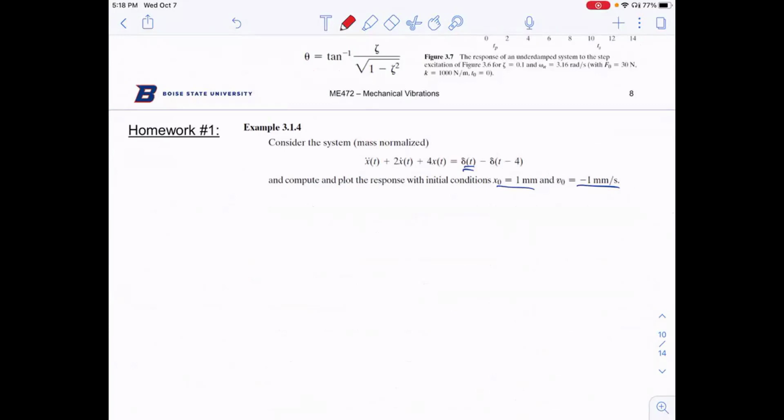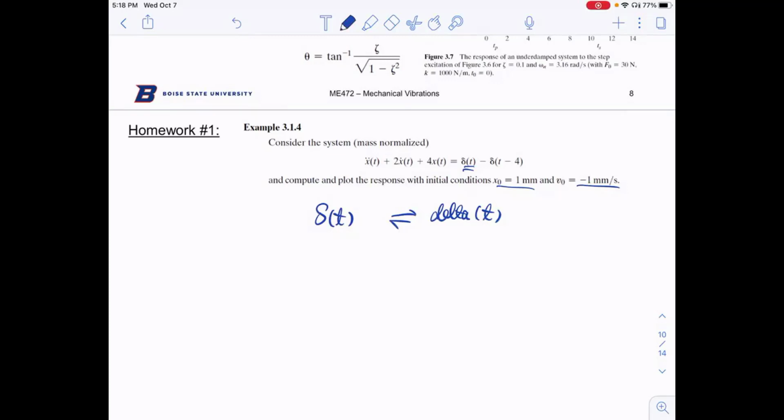Like for MATLAB, I mentioned the delta function. In MATLAB, that is delta t. And if we're using MATLAB for this one, will there be solutions for this particular problem as well? Yep.